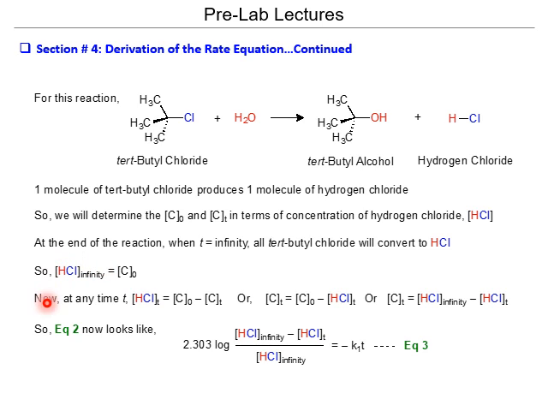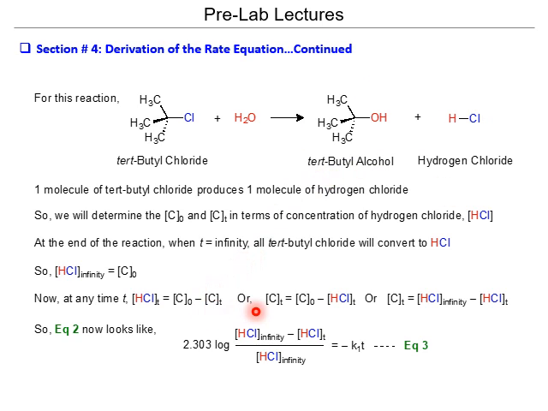So at any time t, HCl will be C0 minus Ct. So the concentration of HCl which we have is the initial concentration of tertiary butyl chloride minus the concentration of tertiary butyl chloride which was used to make hydrogen chloride and tertiary butyl alcohol.